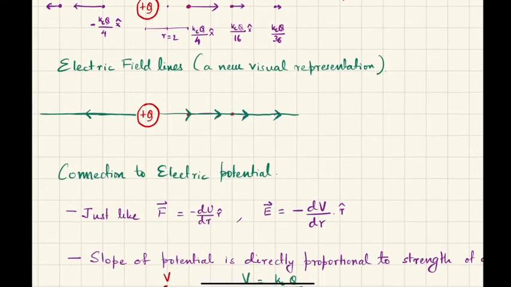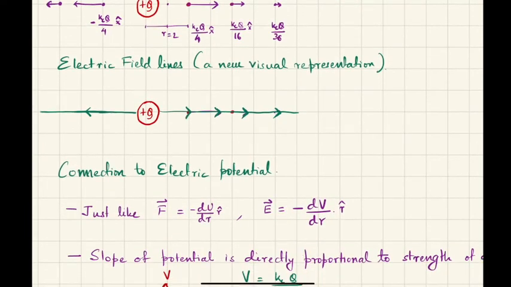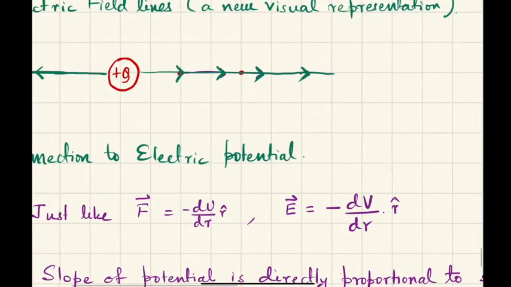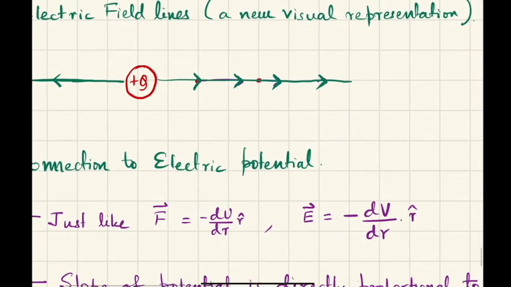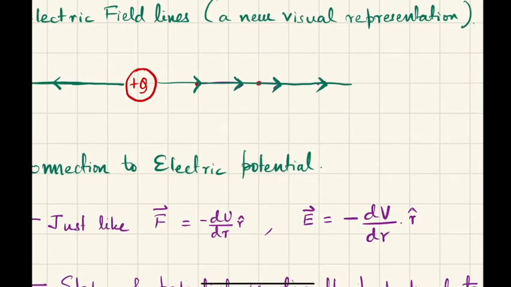Now let's go over how this is all related to the electric potential. Well, if you recall, just like the force is given by the derivative of the energy, the electric field is also related to the electric potential V through a derivative.